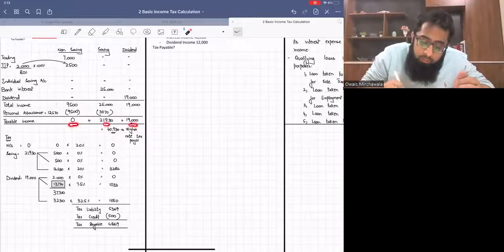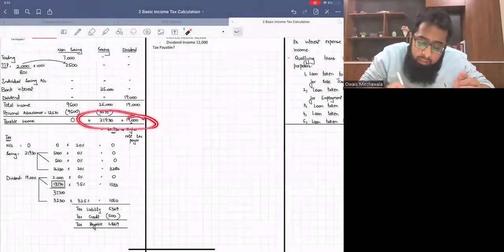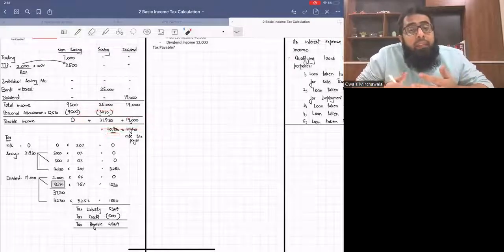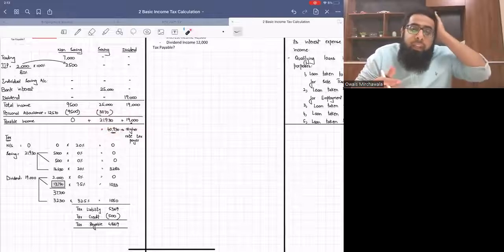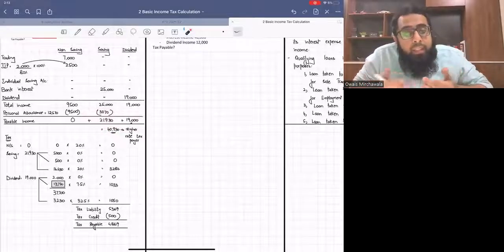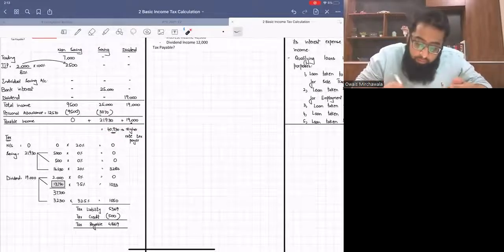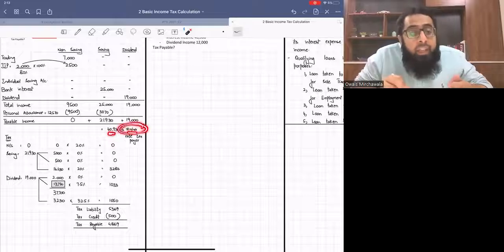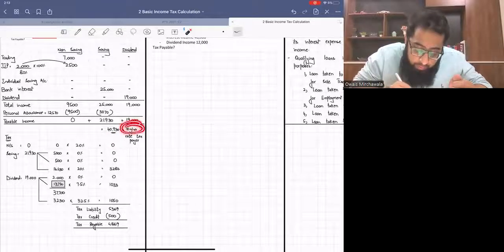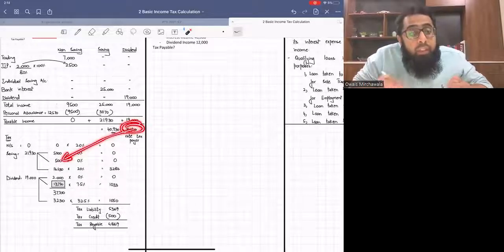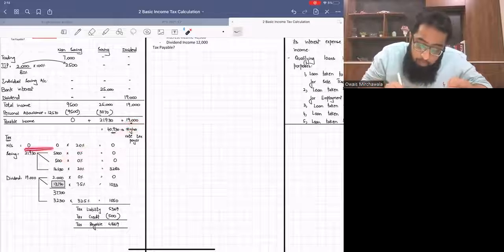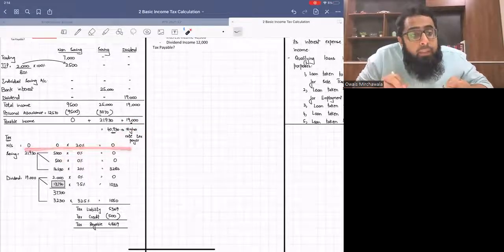Taxable income. We added up all the taxable incomes to determine whether we are a basic rate taxpayer, higher rate taxpayer, or additional rate taxpayer on total. So on total, we were higher rate taxpayer. This needs to be determined for the 0% band of saving income. Now, non-saving income 0 at 20%.